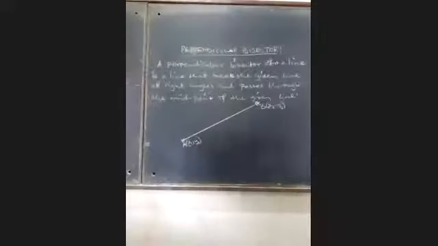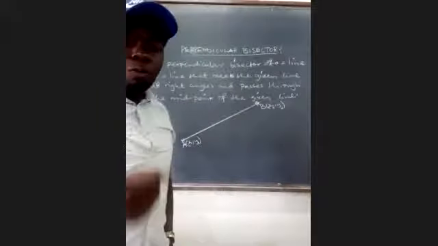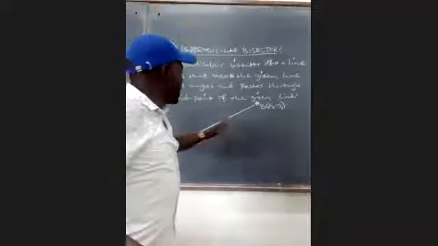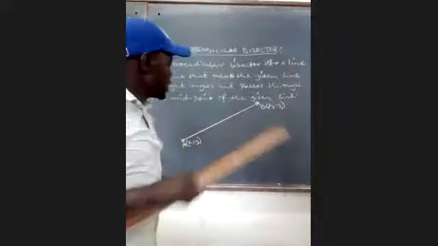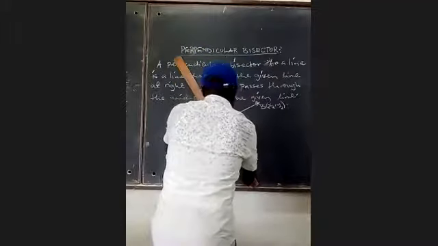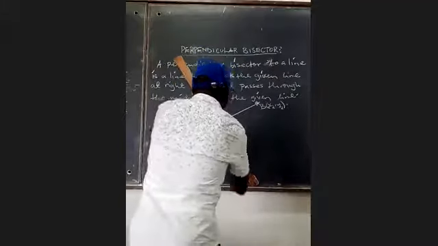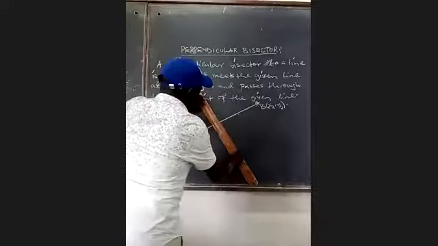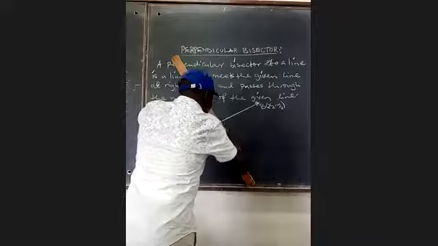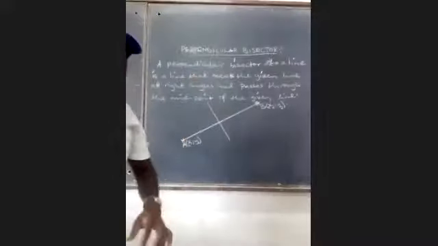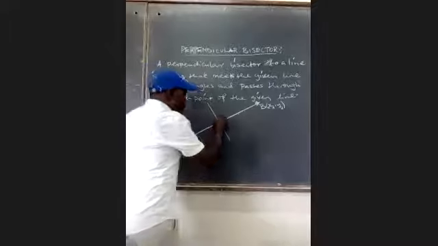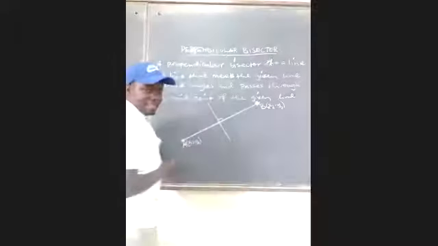Now, when we are talking about the perpendicular bisector to AB, we shall talk about that line that is perpendicular to AB and at the same time passing through the midpoint of AB. Okay? So, first of all, the perpendicular bisector will be perpendicular to AB. That's the first point.